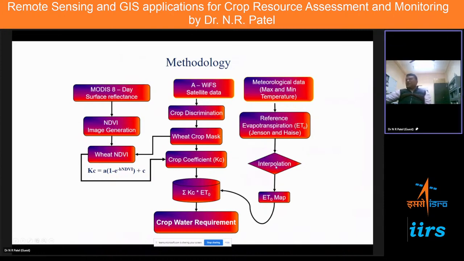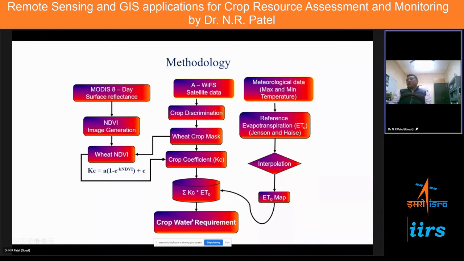Then you do some geostatistical interpolation to get the ET0 map. Advanced data you can use for crop classification. MODIS data you can use for NDVI generation. Then with ground observation of lysimeter data, you relate the crop coefficient against the NDVI to get an exponential, negative curve of Kc, and finally the crop coefficient is multiplied with the reference evapotranspiration to get the crop water requirement.